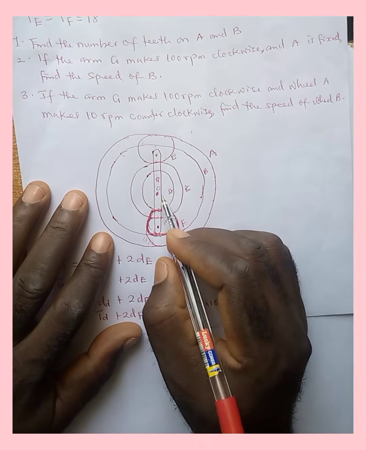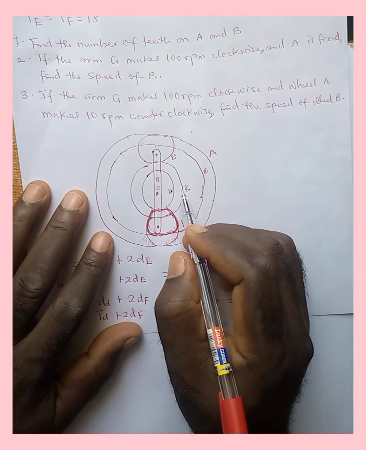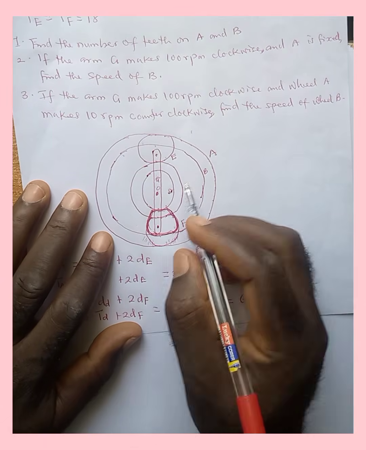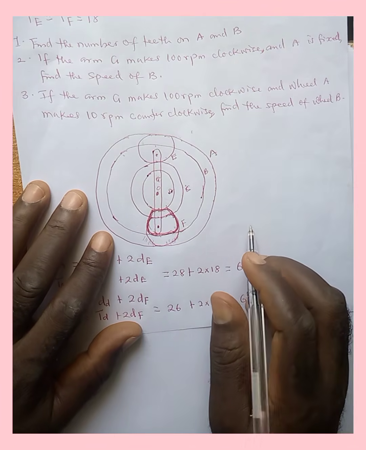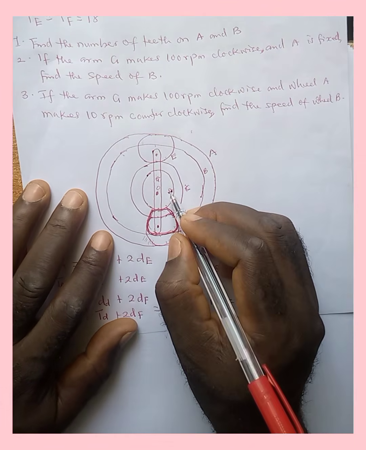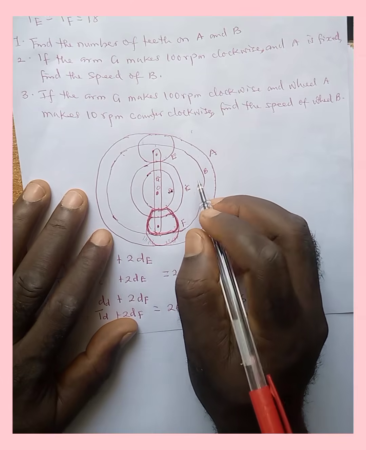Power can enter the system through this compound gear DC. It can also enter through gear A. Now let us look at if it enters through DC.